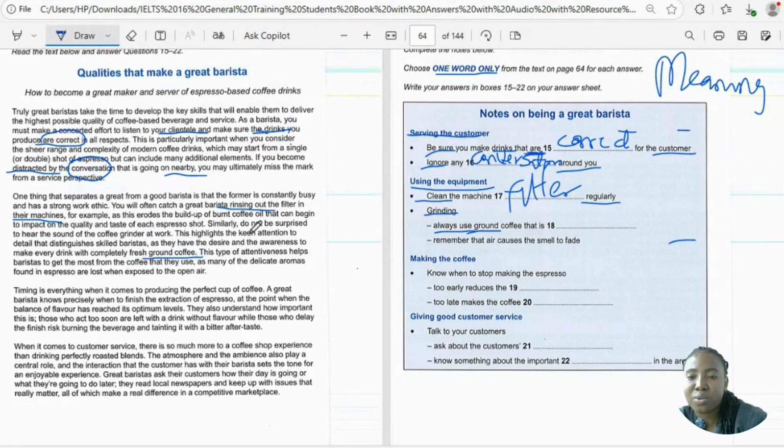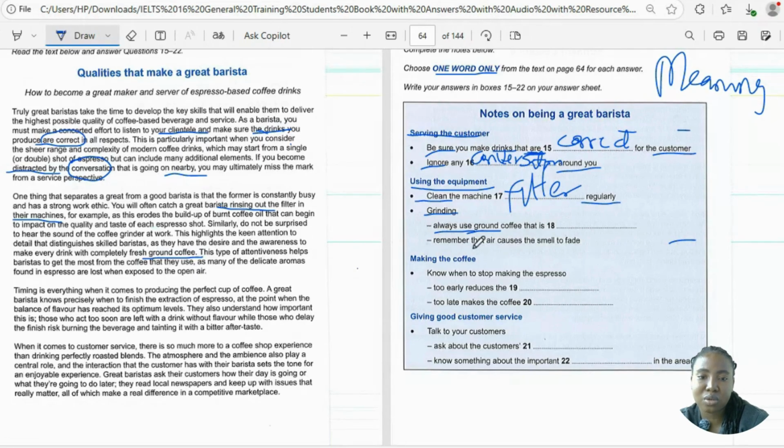So we look at where we saw ground coffee and we saw it here. It says this highlights the keen attention to detail that distinguishes skilled baristas, as they have the desire and the awareness to make every drink with completely fresh ground coffee. And it says this type of attentiveness helps baristas to get the most out of the coffee they use, as many delicate aromas found in espressos are lost when open to open air.